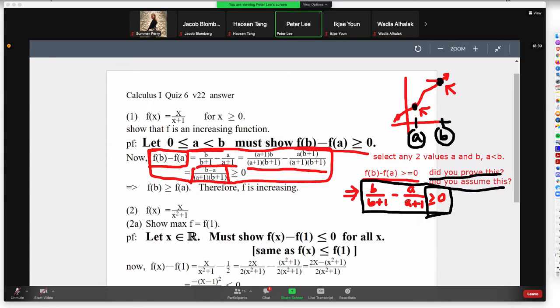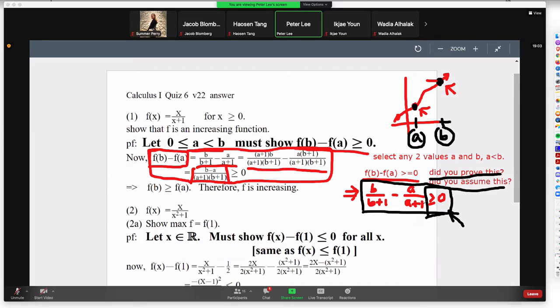No, you didn't prove this. Did you assume this? If you assume this, that's a problem, because this is something you have to prove, not something you assume. This statement right here you wrote is something you must prove, not something you assume.